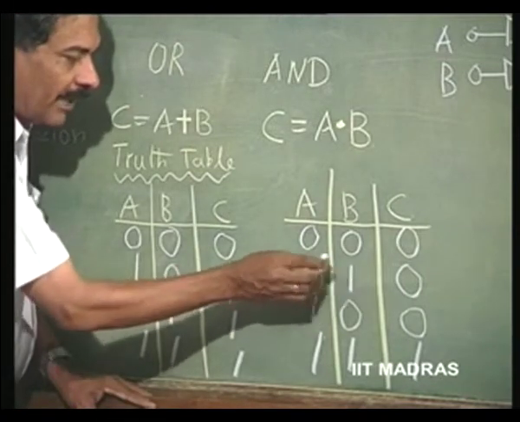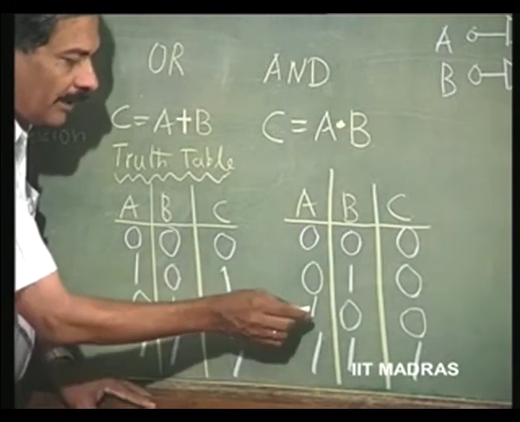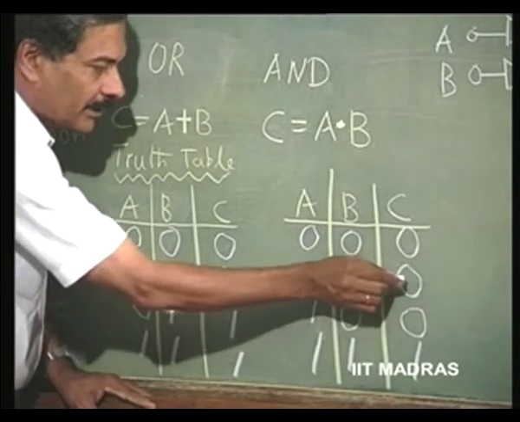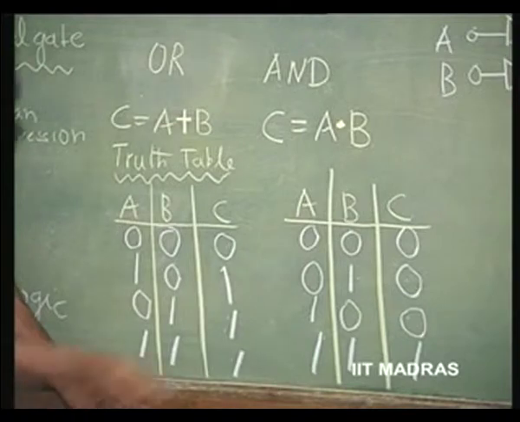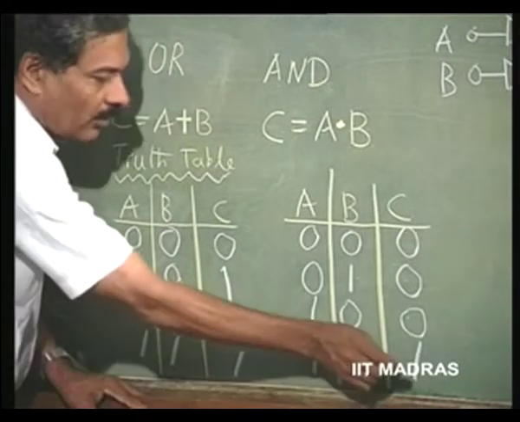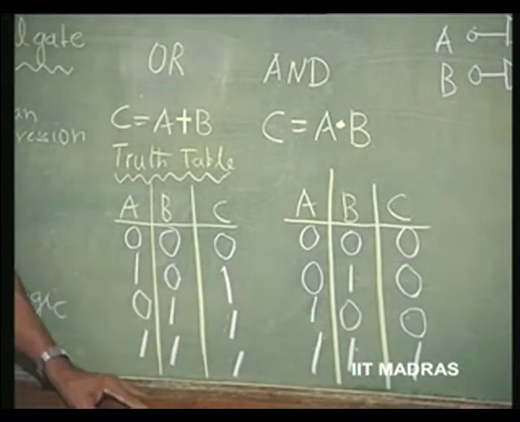When A is 0 and B is 1, or A is 1 and B is 0, both the cases output is 0. Only when both inputs are at 1, output is at 1. So, A and B should be 1 in order that output is 1.